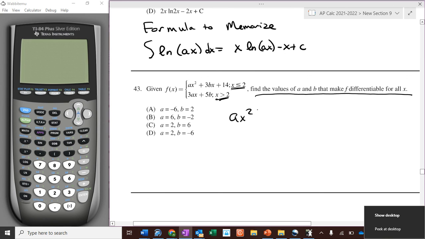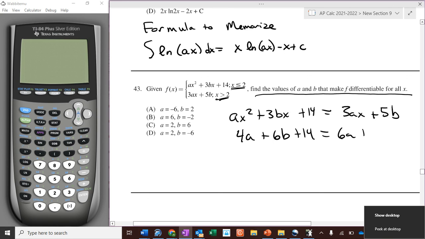So ax squared plus 3bx plus 14 equals 3ax plus 5b. Then it had to be where x equals 2, correct? So if x equals 2, stick the 2 in. So it's 4a plus 6b plus 14 equals 6a plus 5b.